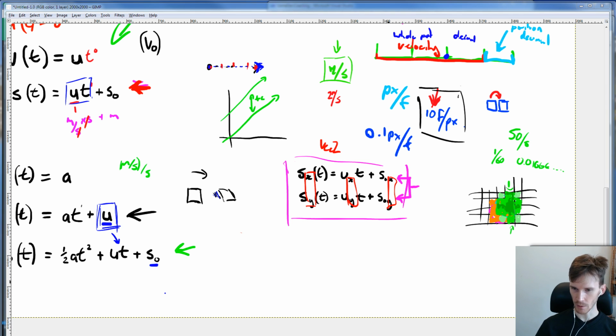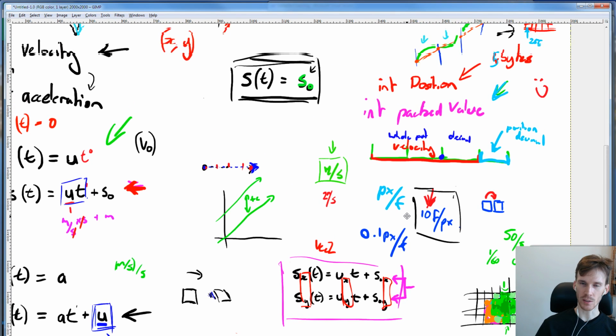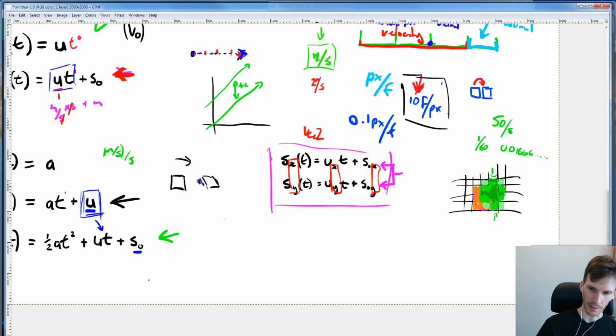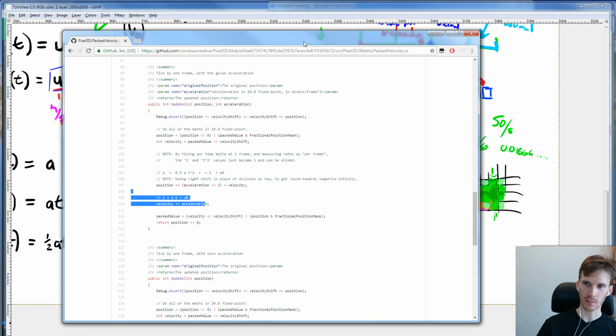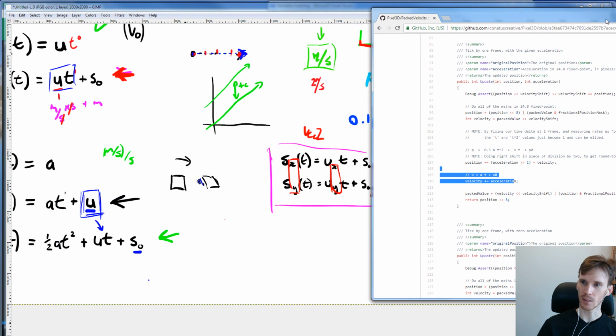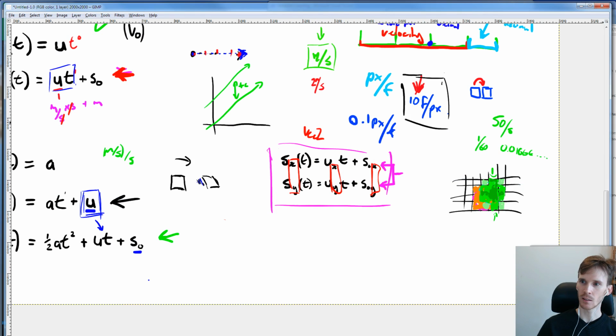Well, it's not a common thing. So the simple way would have been, hang on, where did the code go? Over here. You can see I'm adding position and adding velocity.